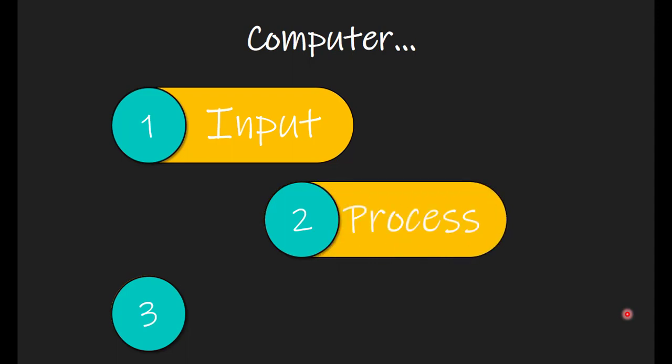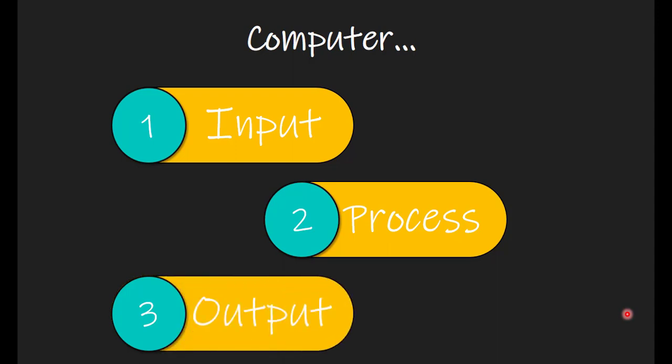And once the data we have given as input has been processed, the output will be displayed on the monitor or on the smartphone's screen. That is known as output. So this is the cycle on which a computer works: input, process and output.